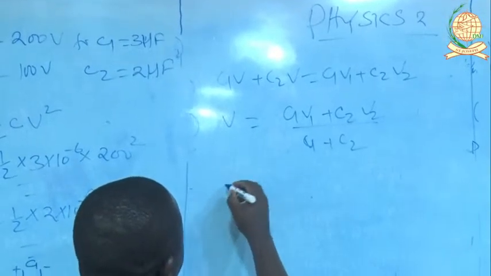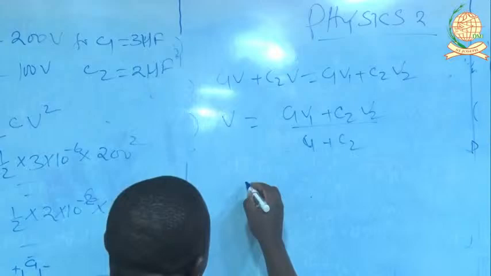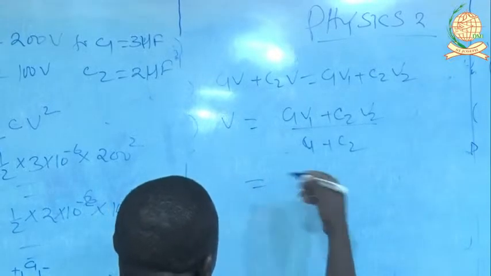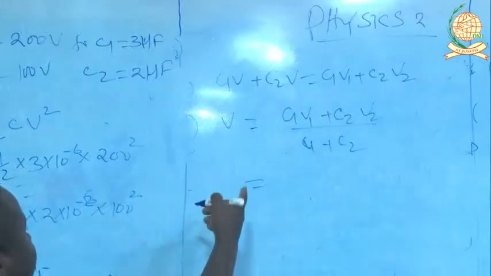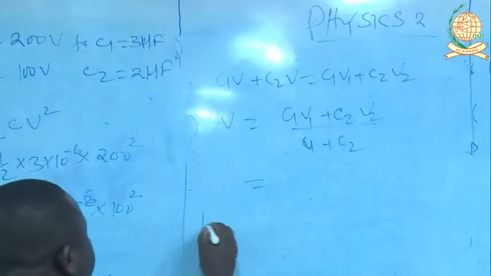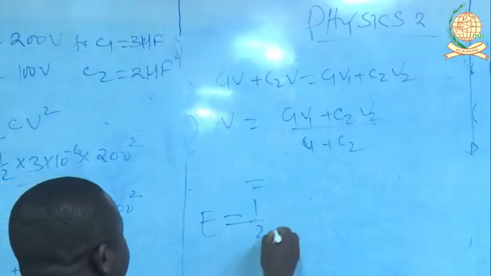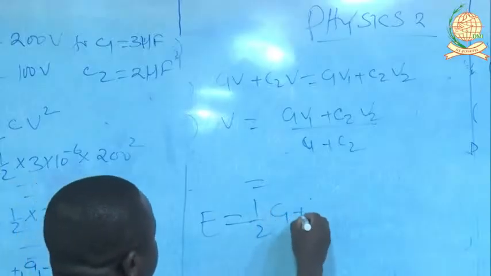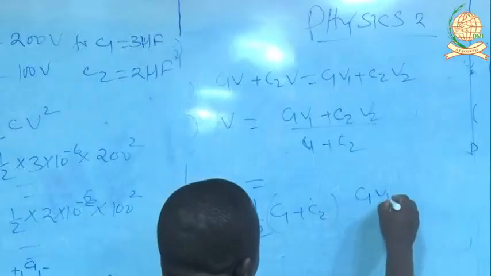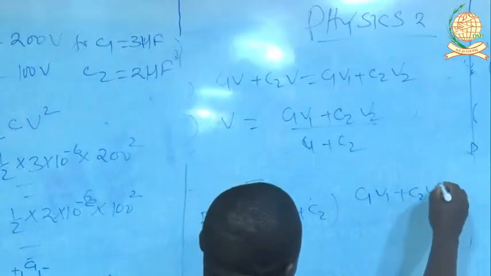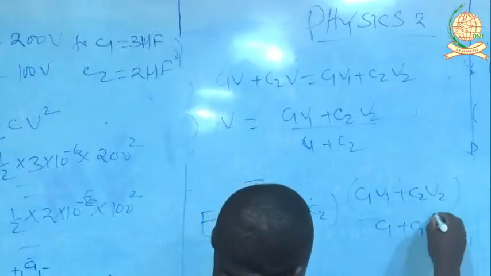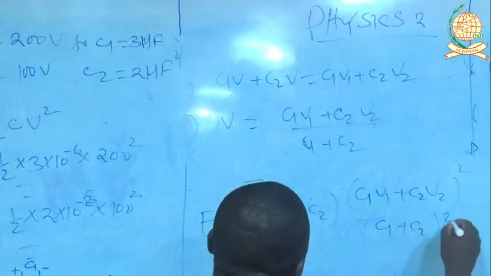On calculating, you get this value of voltage. Or you can take this back to the equation of energy. So energy stored is equal to half C total, which is C1 plus C2, bracket C1 V1 plus C2 V2 over C1 plus C2, square.